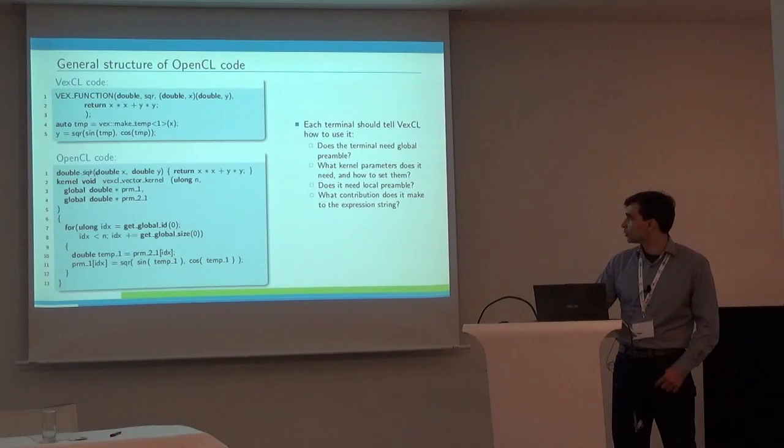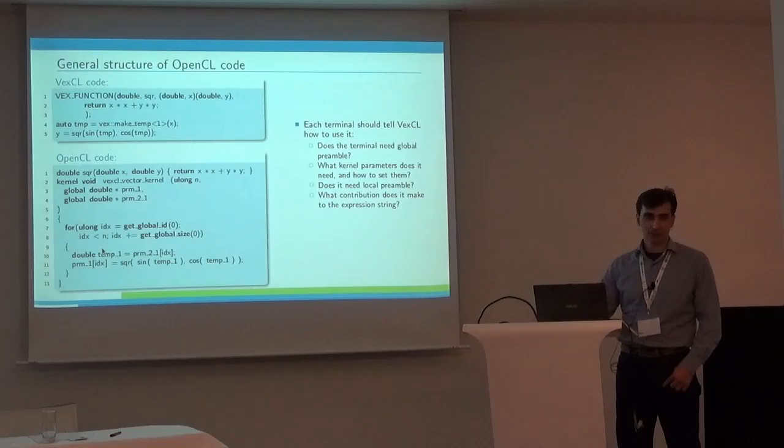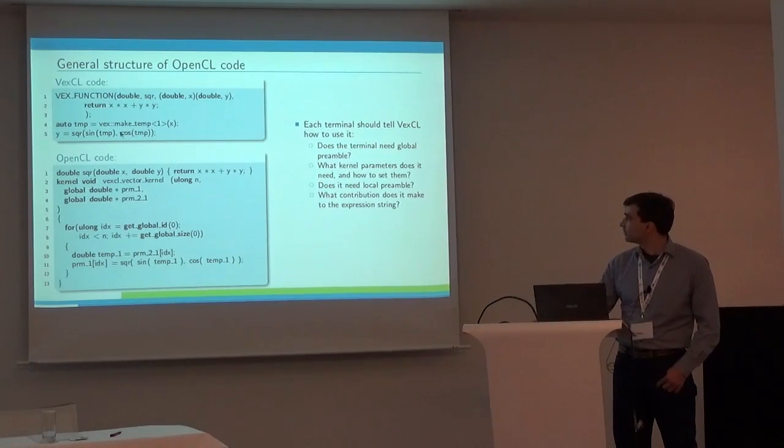So inside the OpenCL code, for this function, we need to define this OpenCL device function. For each of the expression terminals, we need to provide a parameter. Then we have this grid striding loop, and inside the loop, we have to declare this temp variable to initialize it with this parameter, and then we just apply the expression to the output vector.